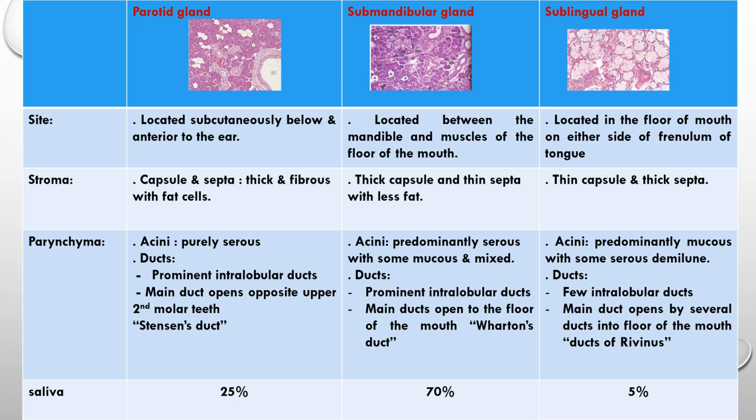Okay. The saliva is produced by the parotid gland about 25%, 70% by the submandibular gland, while only the remaining 5% is produced by the sublingual gland.